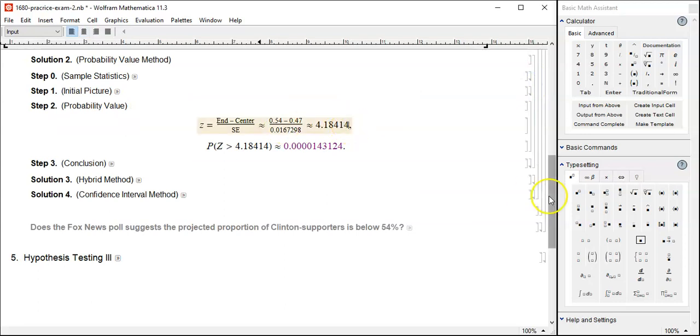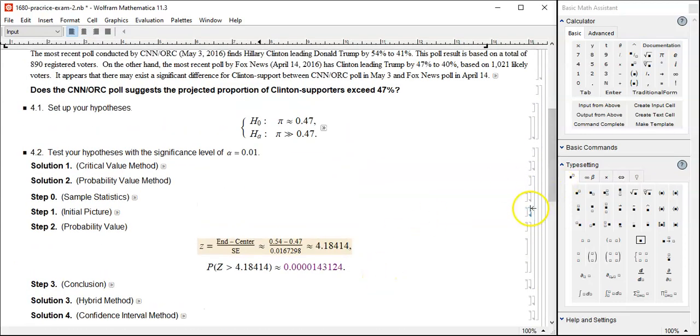So the z-score is x minus center, 0.54 minus 0.47, over the SE you calculated previously. Run your computation, you're going to get 4.18 something. And this is such a humongous value that if you go over to a technology aid and do some computation, the probability that the z-score exceeds this 4.1 something is pretty close to zero, as a matter of fact.